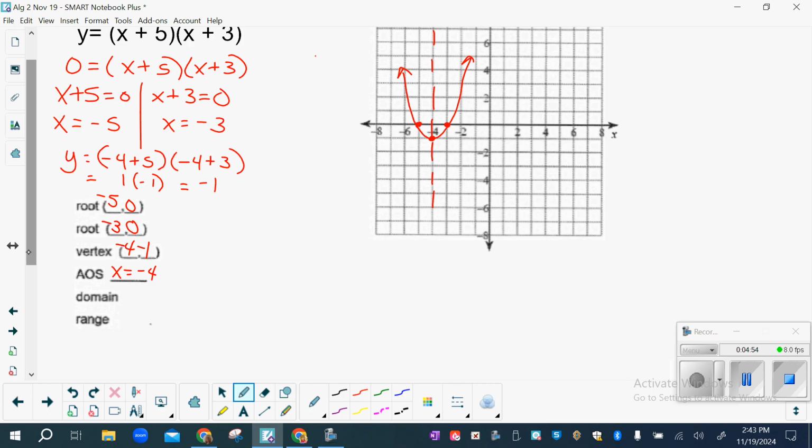So what's my domain? Negative infinity to infinity, that's right. And then somebody in this group over here, what's my range?